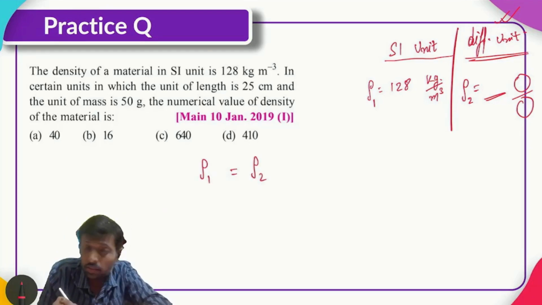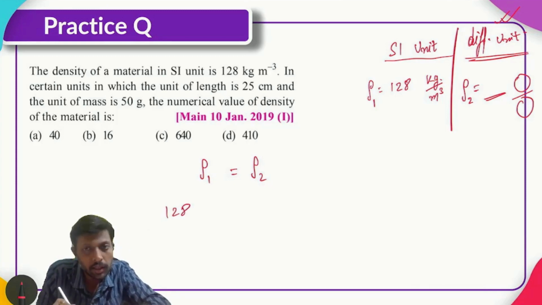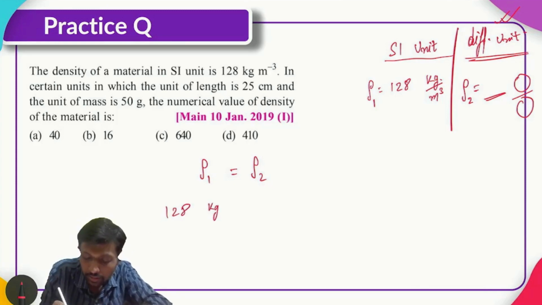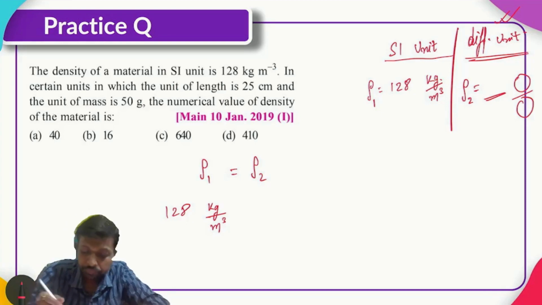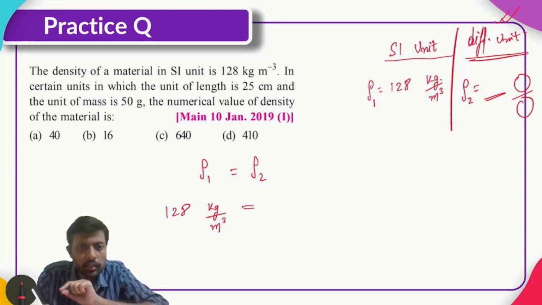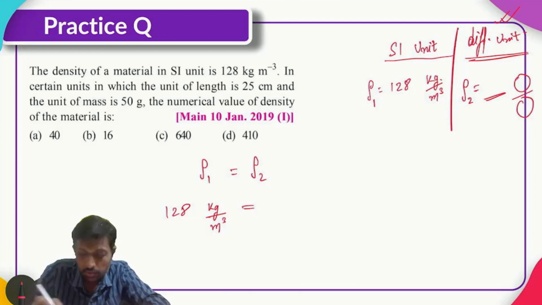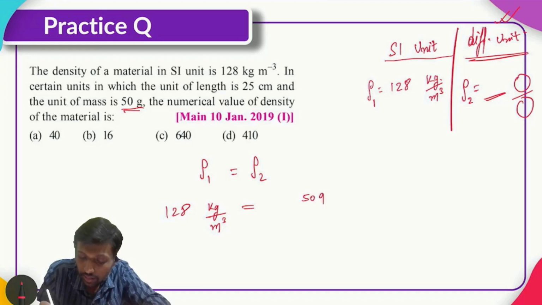Density 1 or density in the SI unit, we know it's 128. That's the numerical value if kg and meter are taken as standard units of mass and length respectively. But in the new system, the unit of mass is 50 grams.